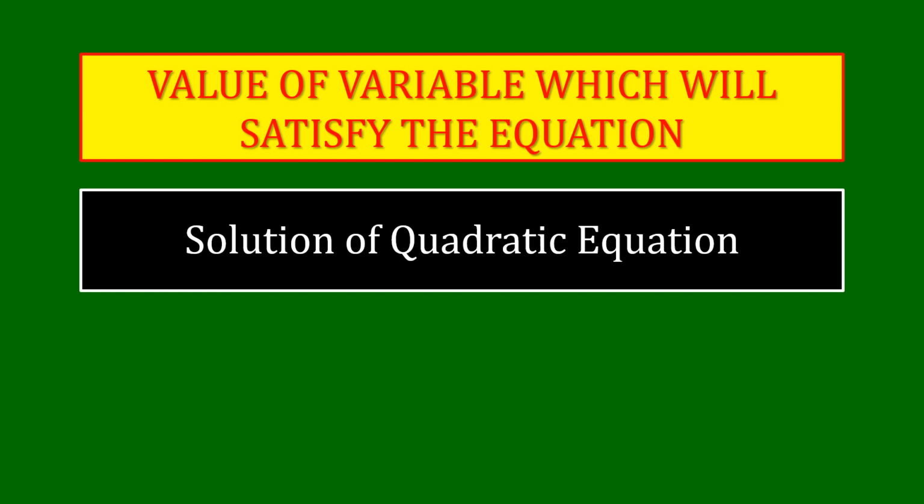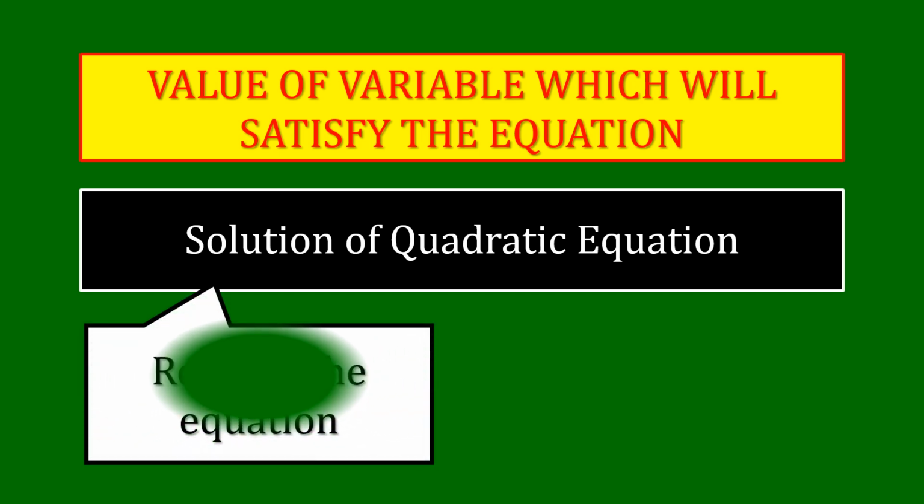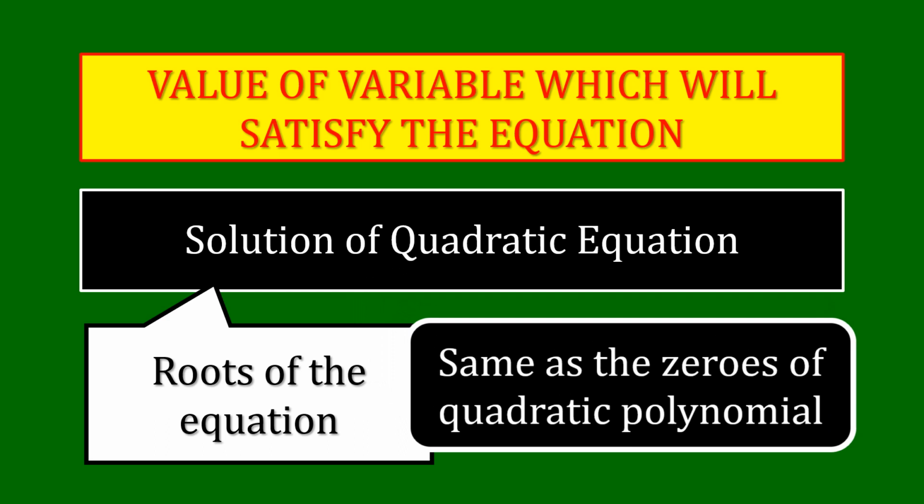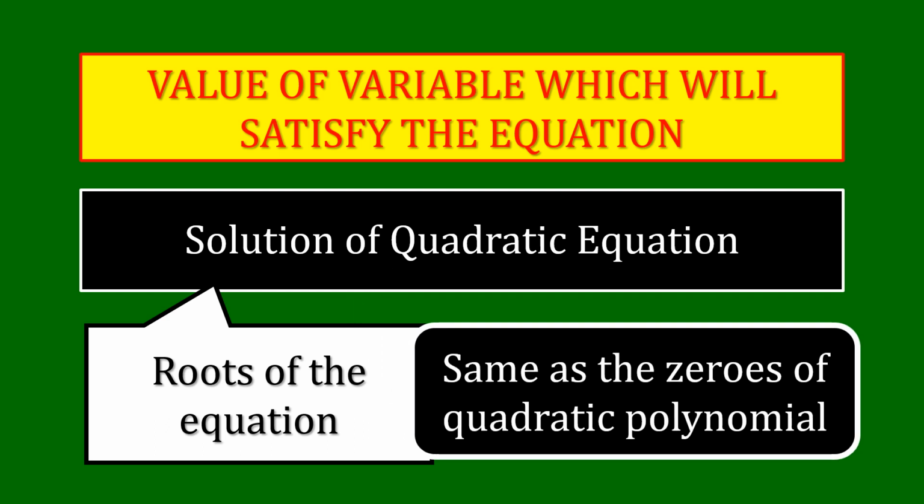In this case, left hand side is equal to 0. By replacing the variable with a particular value, that value is the solution of the quadratic equation, right? And we name it roots of the equation in case of quadratic equation, and it is the same as the zeros of the quadratic polynomial we discussed in chapter 2nd of this class 10th.